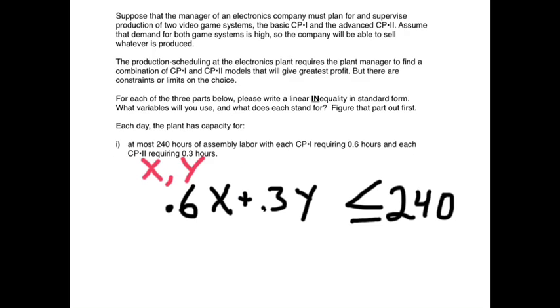So we take the number of CP1s times the time it takes to make each one, and the number of CP2s times the number of hours it takes to make each one. When we add those two quantities together, we have to come up with a number that's less than 240. Sorry, less than or equal to.